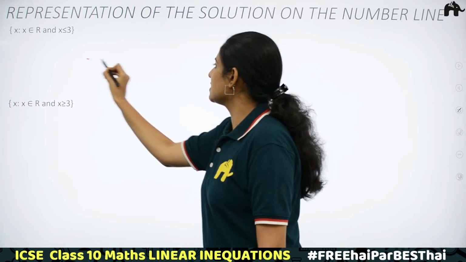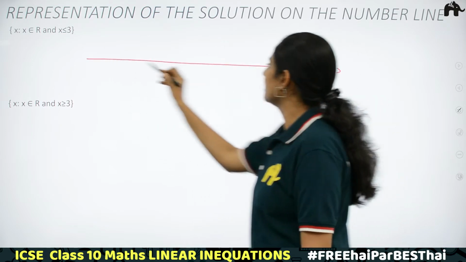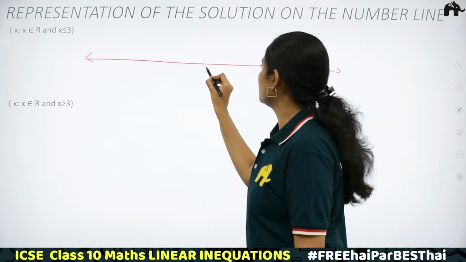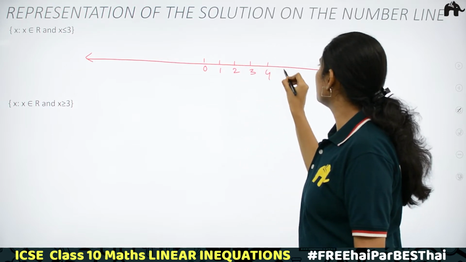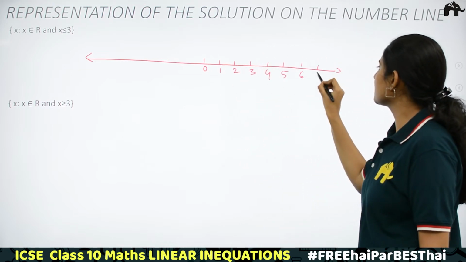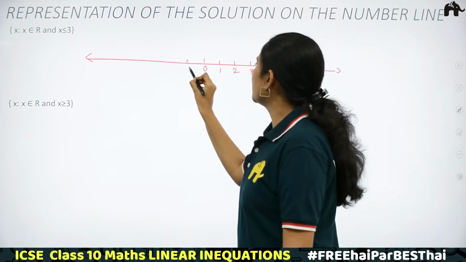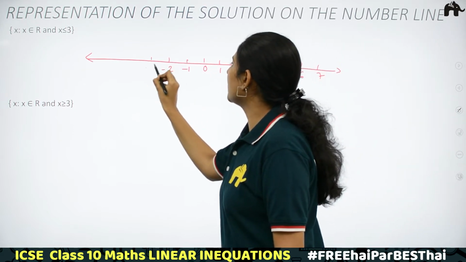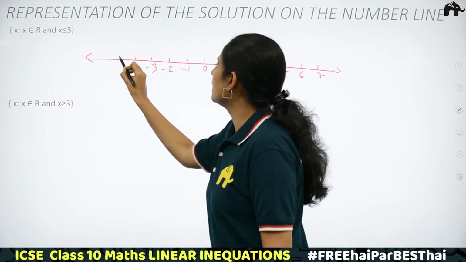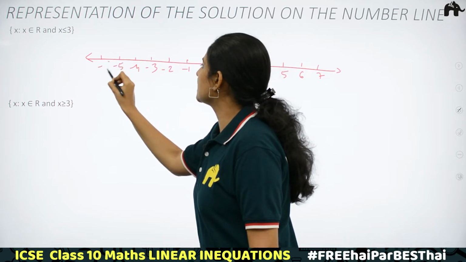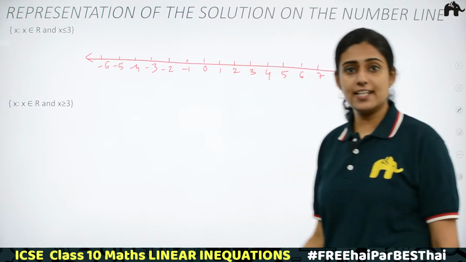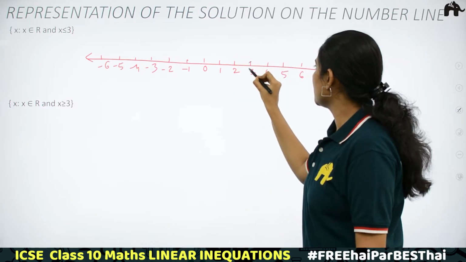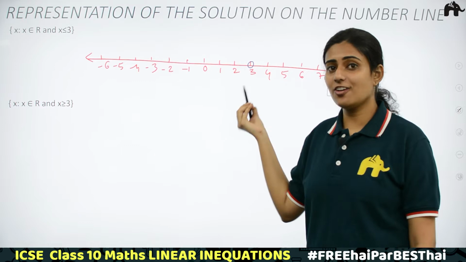First, draw our number line. This is a real number line with points 0, 1, 2, 3, 4, 5, 6, 7, minus 1, minus 2, minus 3, minus 4, minus 5, minus 6. Find the point 3 on the real number line. Here we have 3. Darkened circle or the hollow circle?